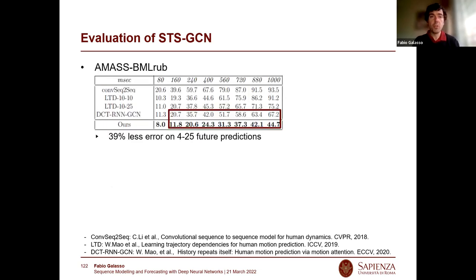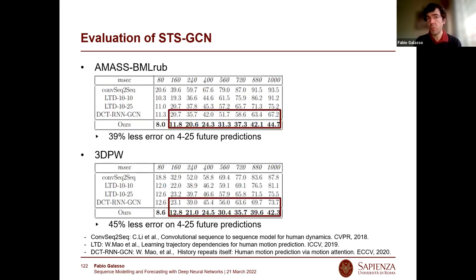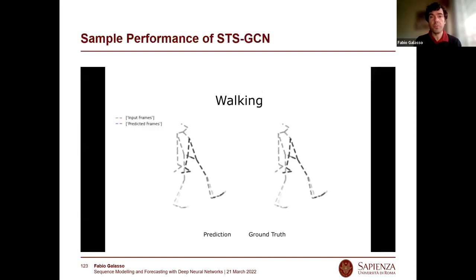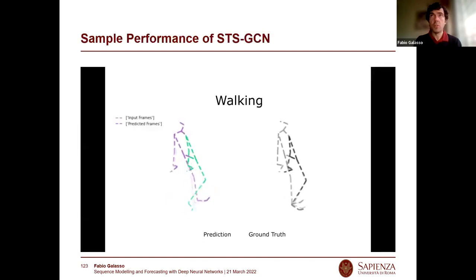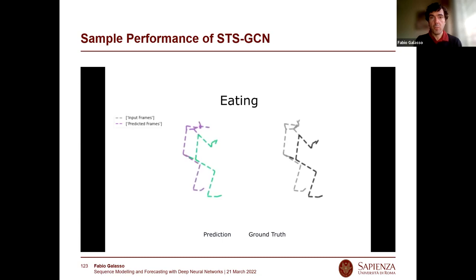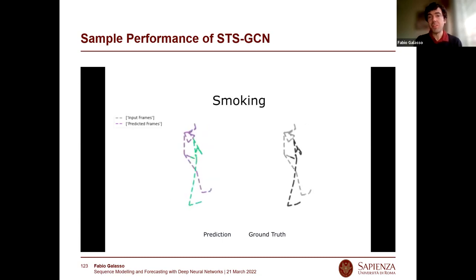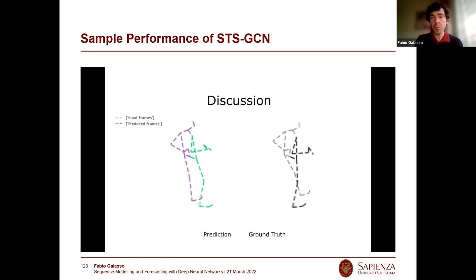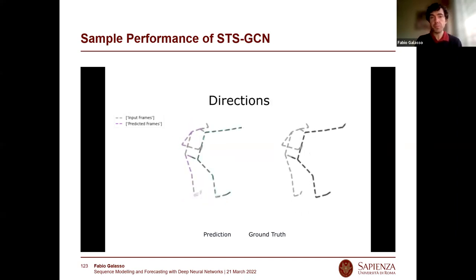And this applies also to other data sets. So this is just other data sets. And you see how we're predicting the human motion. So this green and magenta is what we're predicting after the blue and gray.